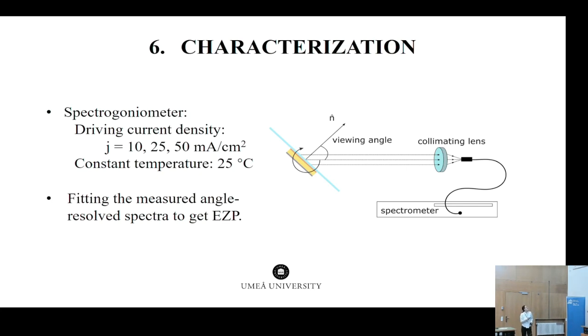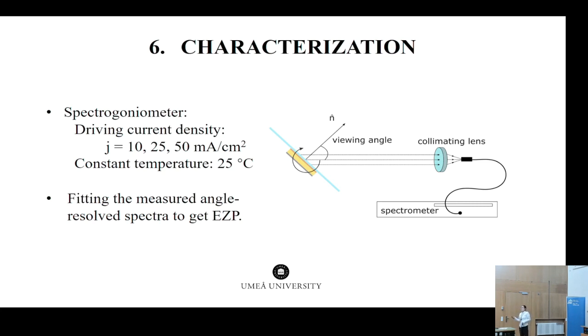The devices are characterized by this homemade goniometer spectrometer, and this spectrometer can measure the angular spectra. For the devices, my project focuses on different current densities. Therefore, we chose three different current densities from 10 to 50 milliamps per centimeter squared.